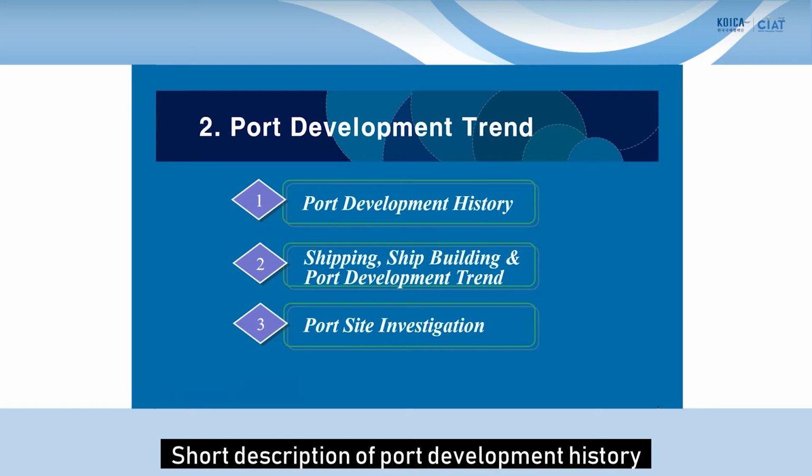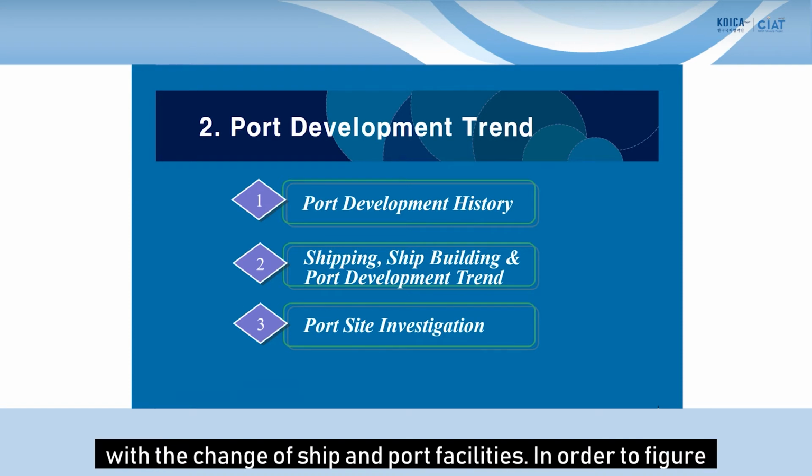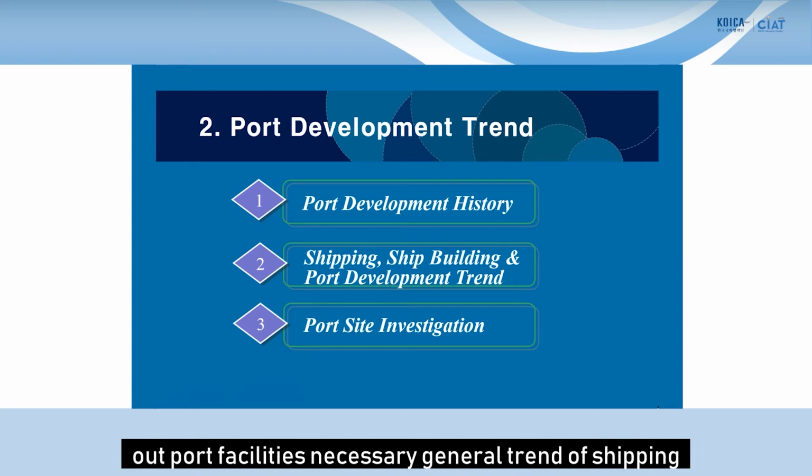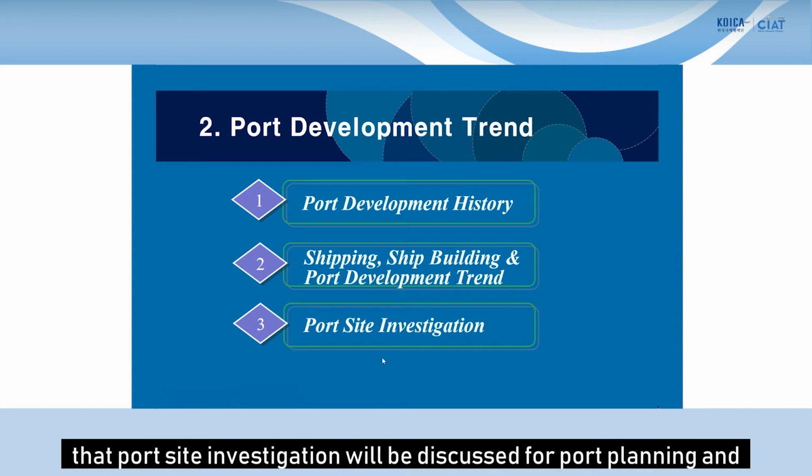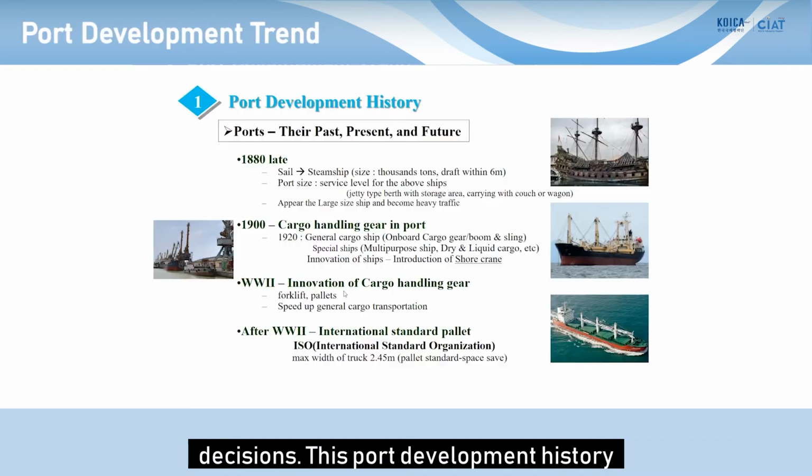In this lecture, a short description of port development history with the change of ship and port facilities is given. In order to figure out the port facilities necessary, the general trend of shipbuilding and port development trends are introduced. After that, a port site investigation will be discussed for port planning and decision.